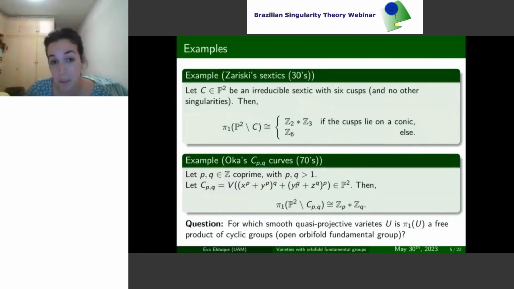There are some papers where they actually give explicit equations for Zariski's example, but I don't know if it coincides with Oka's. Okay, no problem. That's okay. I just wanted to have an idea about Oka's motivation to get such a general curve. Thanks a lot. Okay. Thank you.